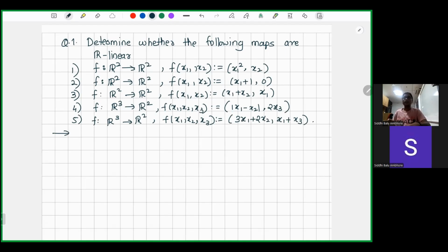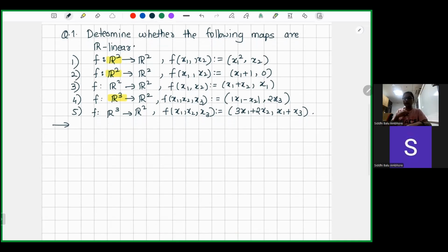So this is our question, and we have to check whether these are all R linear maps. Note that these R2, R3 here all are R vector spaces.